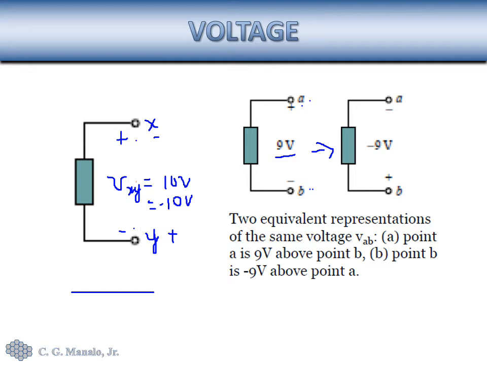If we label A as negative and B as positive, but we change the sign of the voltage from positive 9 volts to negative 9 volts, this is also acceptable. What we mean by this is that this labeling here is equivalent to this figure.